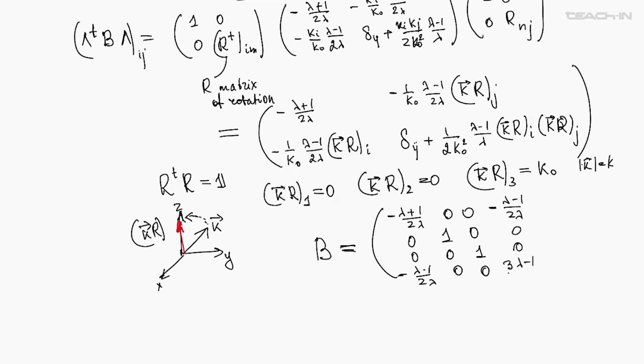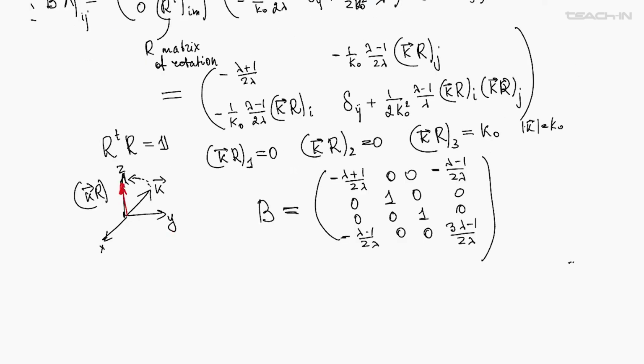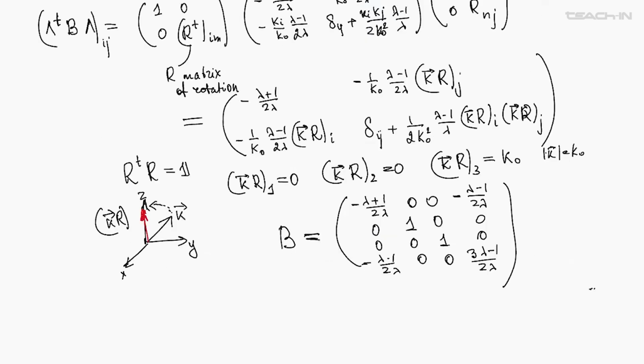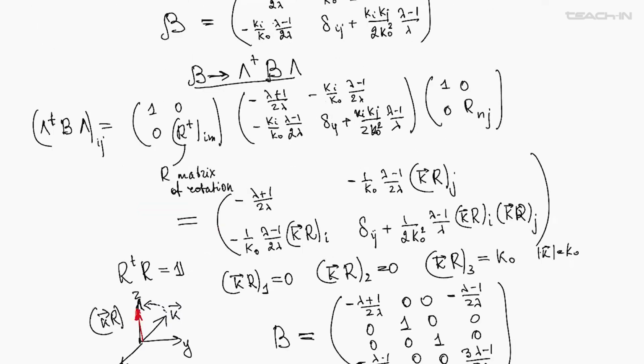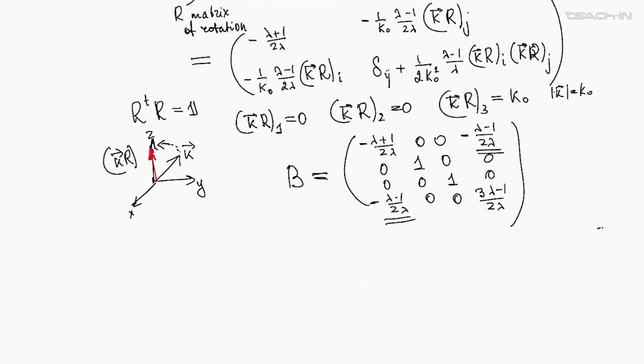And I did further analysis trying to understand if this matrix B can be simplified further by considering now non-trivial Lorentz transformations, boosts, to try to understand if I can remove by boosts these off-diagonal components, and so to make matrix B completely diagonal.